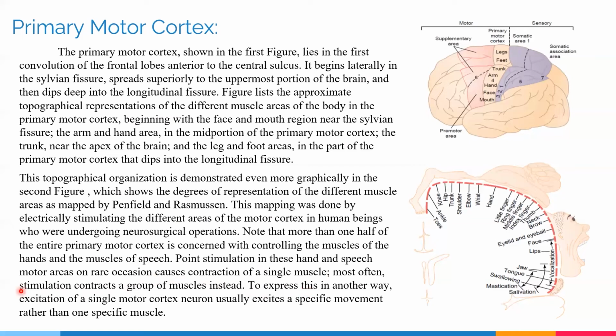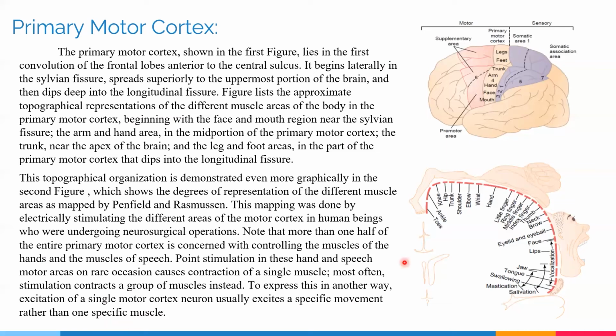Most often, stimulation contracts a group of muscles instead. To express this in another way, excitation of a single motor cortex neuron usually excites a specific movement rather than one specific muscle.